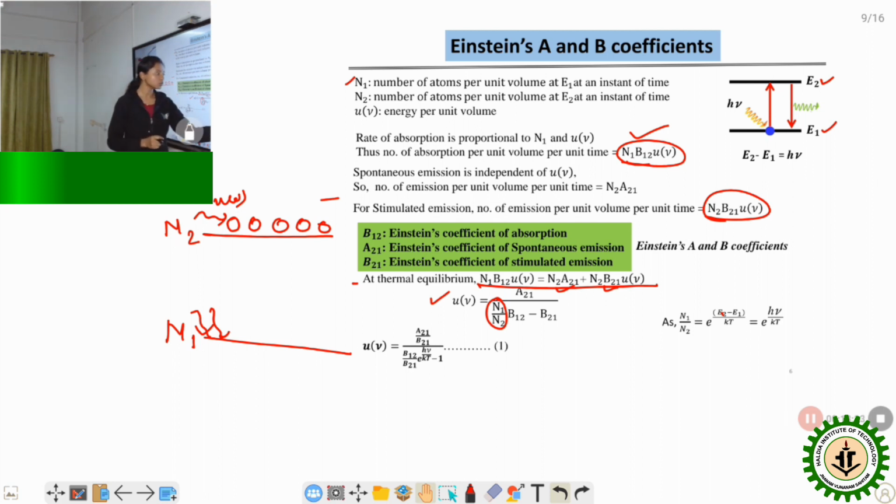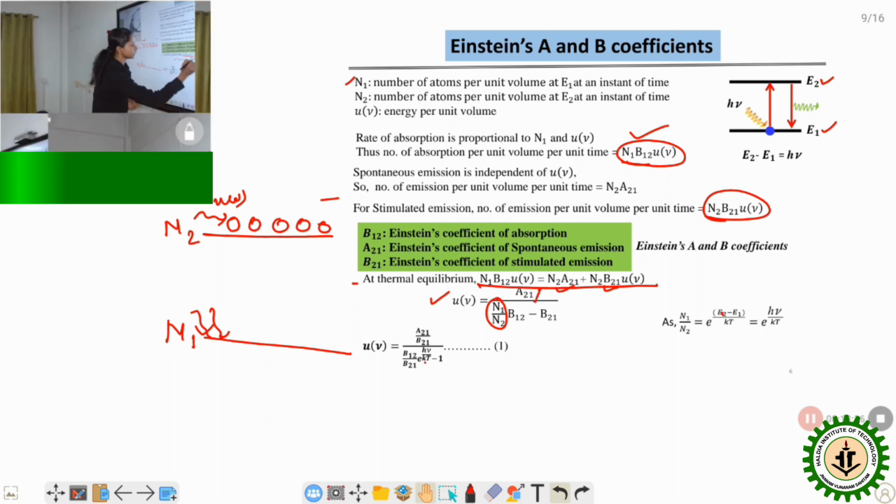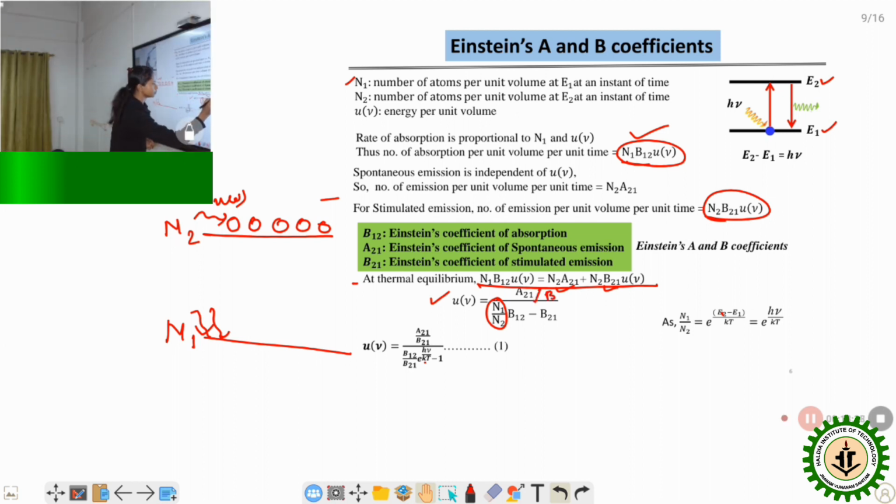If we use this here, we can write it like that. And here I have modified this, just divided by B21 everywhere. So we get equation number 1.